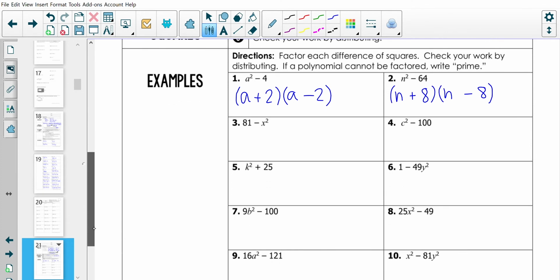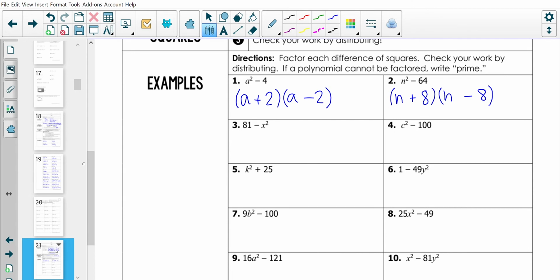Okay. Number 3, can I find the square root of both? Yes, and it is subtraction. Leave it in this order. I know that it's weird that 81 comes first, but you leave it like it is. So the square root of 81 is 9. Square root of x squared is x, plus and minus.